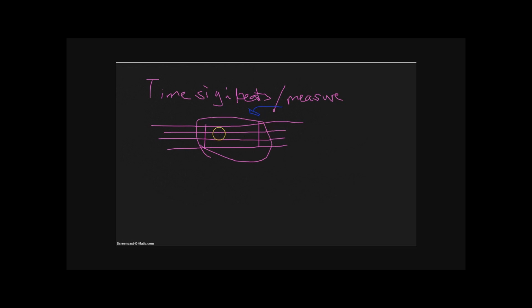So, in this measure, a time signature would be the beats per measure, right? So, at the beginning of it, you would see something like this. This is called a treble clef, but I'm not going to go over that yet.